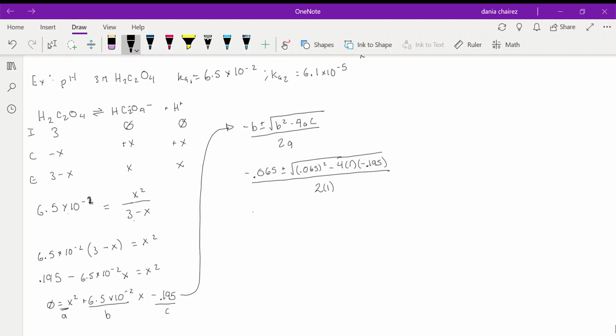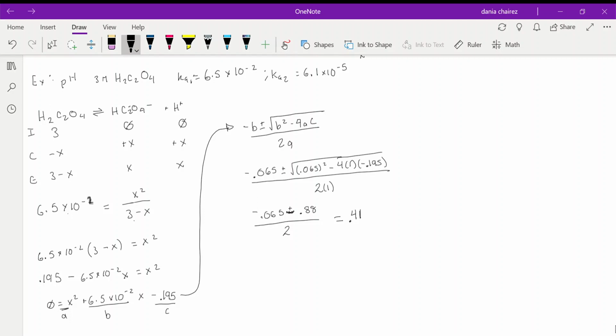So you're going to end up with negative 0.065 plus or minus 0.88, all over 2. Then we want the positive answer, so we're not even going to do the minus, because that would give us a negative number and we can't have a negative concentration of something. So when we do this, you should get your x value to be 0.41 or around there, depending on rounding. That's going to be our x value.